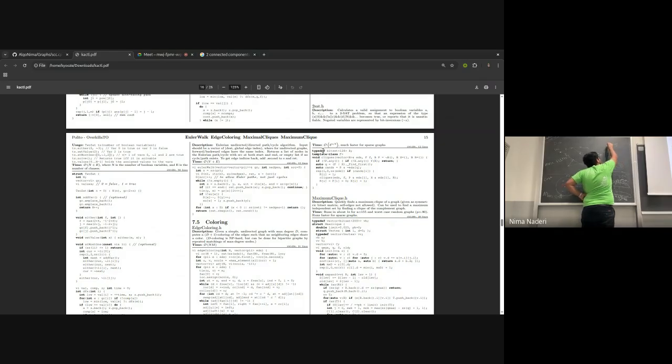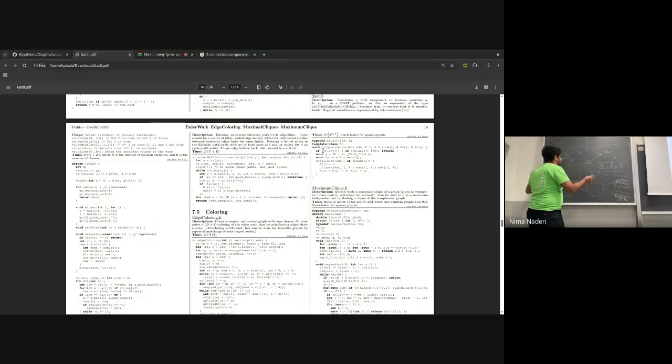So if we have a directed edge from U to V, it means that if U is true, then V would be true. We convert all of the conditions that we should fulfill to this graph modeling.